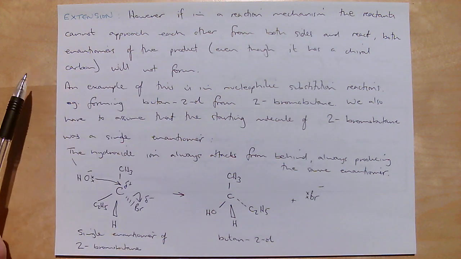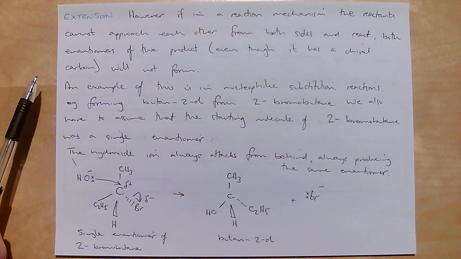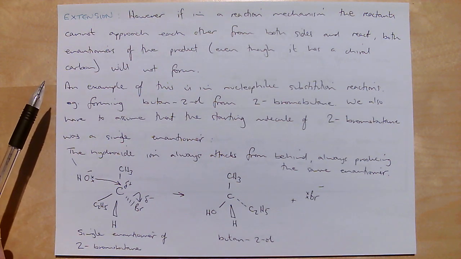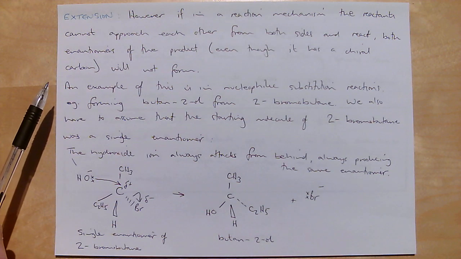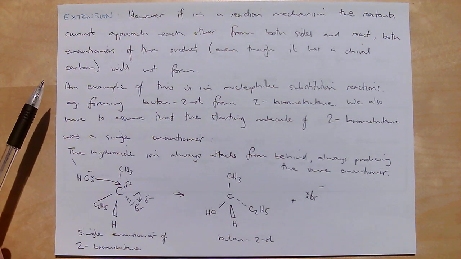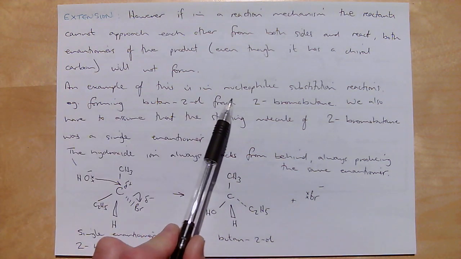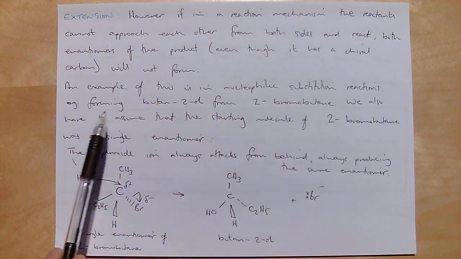So you can have a molecule that's got a chiral carbon, which does rotate plane polarized light. That's completely different from thinking about a chemical reaction that produces only one of the enantiomers from that chemical reaction. So an example of this is in the nucleophilic substitution reactions.